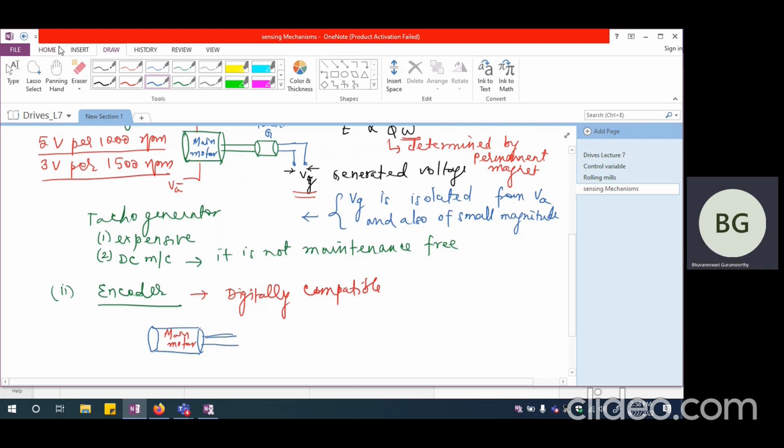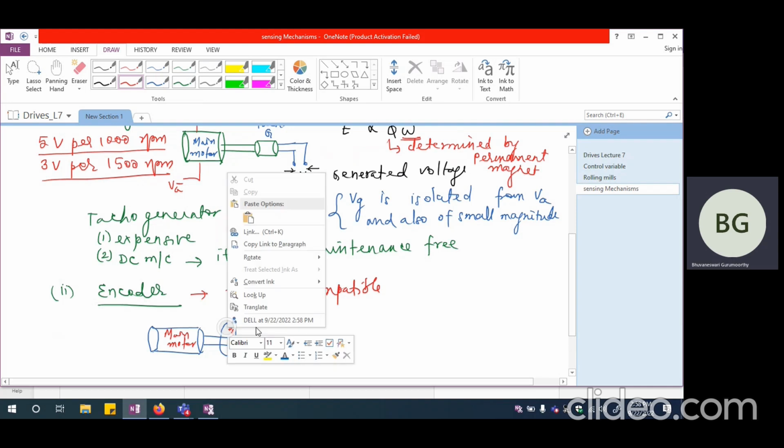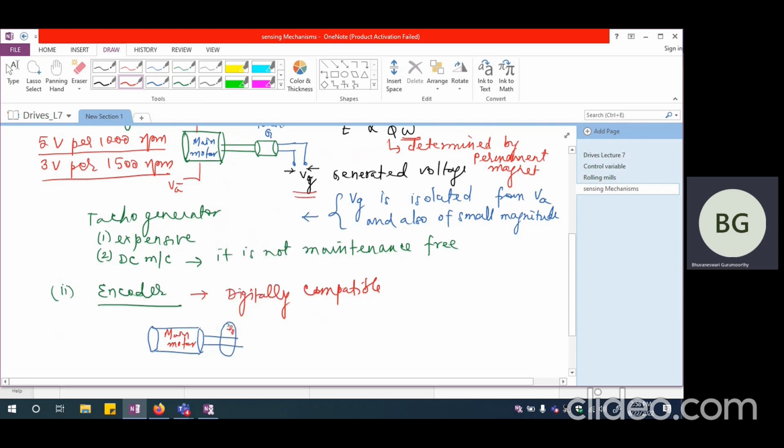To the shaft, what we are going to do is to attach a circular disc. In the shaft, we are going to have this disc, which is consisting of small holes along its periphery.